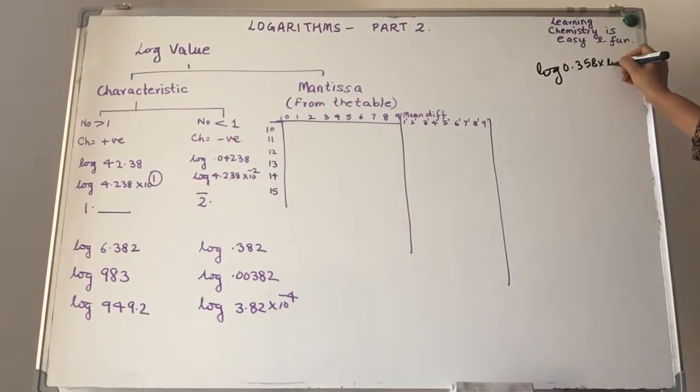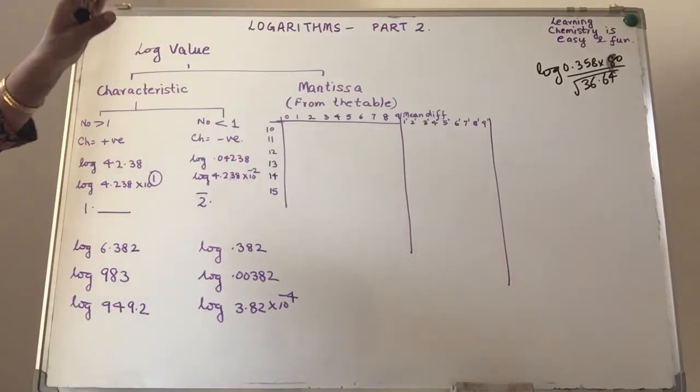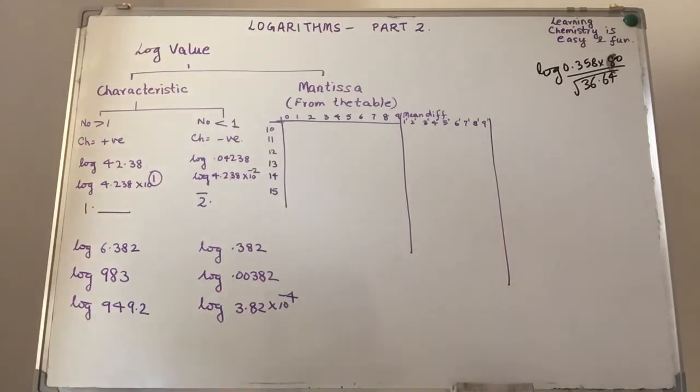Now, in order to be able to do complex calculations, for example, I have log of 0.358 into 80 divided by the square root of 36.64. This is where we find logarithms very handy and very useful, because under normal mathematical calculations, unless you are very good at mental calculations, at least I can't do those without using logarithms.